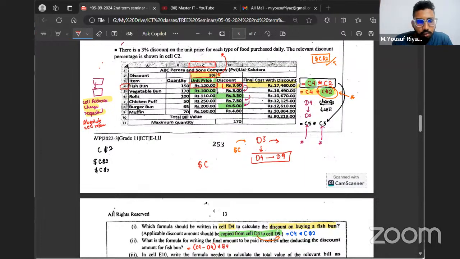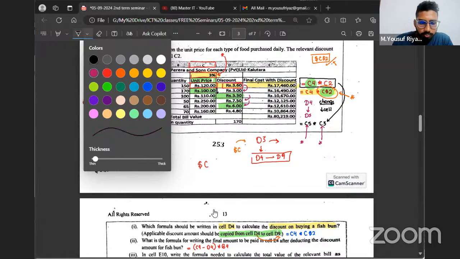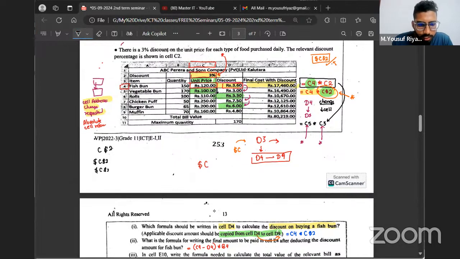because the C4 cell has the original price, and then D4 has a discount. So if I want to find the price of a fish bun after discount, what should I do? I have to take the original price and deduct the discounted amount, the amount that has to be given as discount.